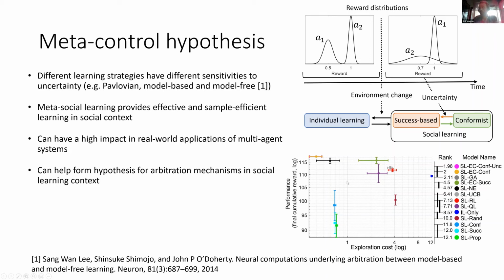And then here, I show the trade-offs between these different meta control strategies. This shows the performance, the average population reward after the learning process, and the exploration cost. If we have only individual learning, then we have quite a lot of exploration cost.